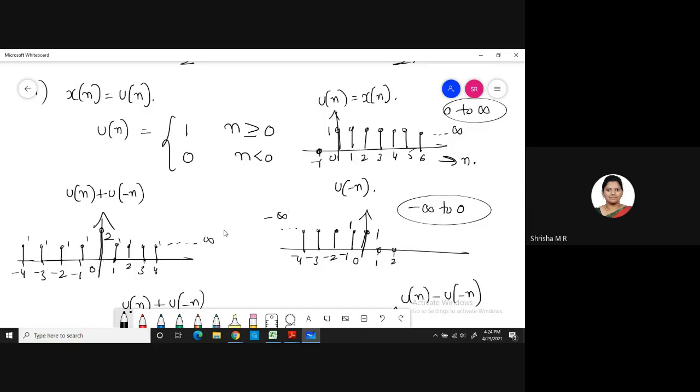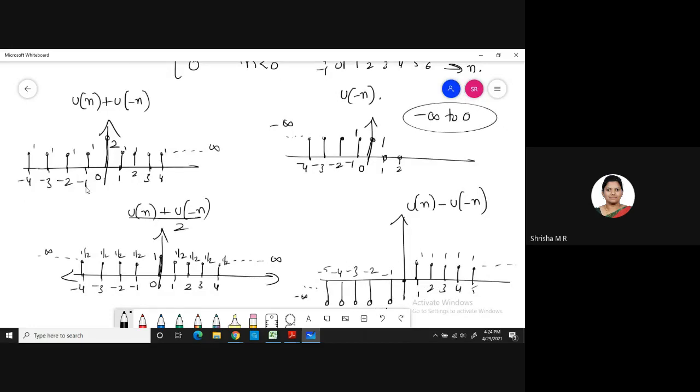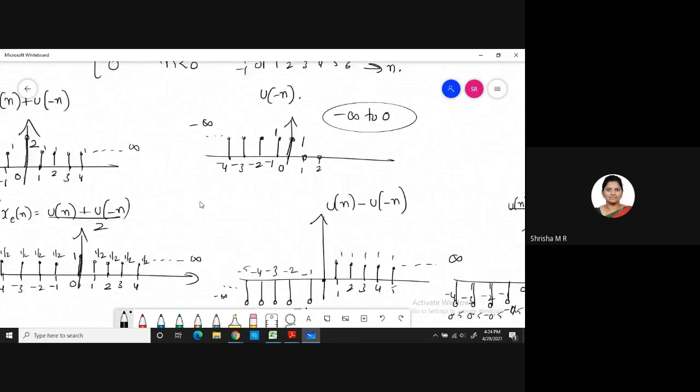So if you scale that by a factor 2, the amplitude will be scaled by half. At 0, you'll have 1, whereas all other values of n, you'll have half. This is the even part of the signal. You can take x e of n, or you can also take u e of n.